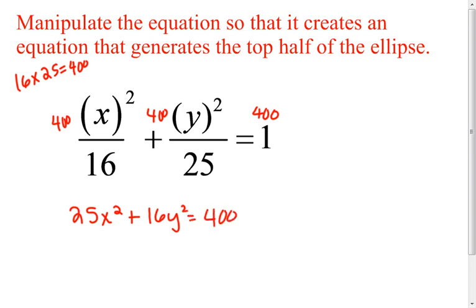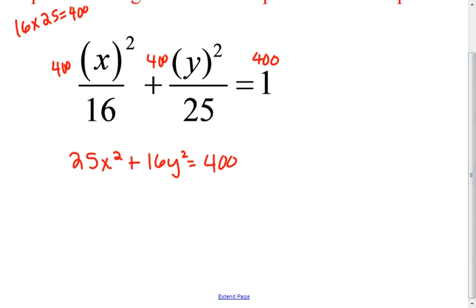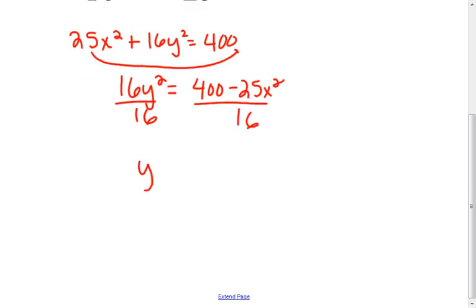Okay, now if I want the top half, I want this equation solved for y. So I'm going to go 16y squared equals, I'm going to move this 25x squared to the other side. So 400 minus 25x squared, divide by 16. Okay, so y squared equals this mess now.